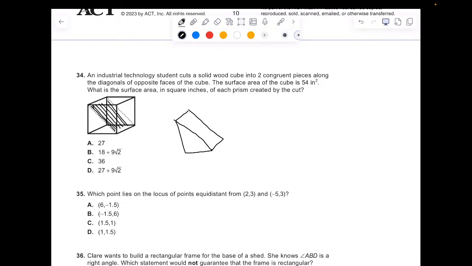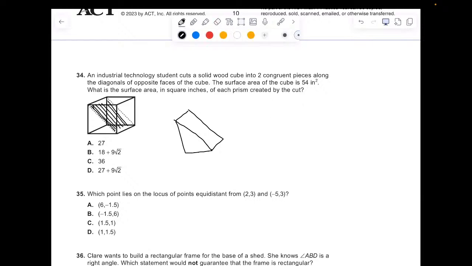So what is the cube root of 54? And that'll give us the sides. Okay, it doesn't say, but oh, that's the surface area of the cube. Whoops, not area.